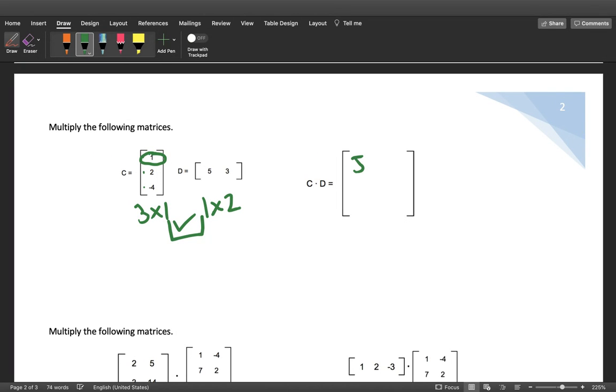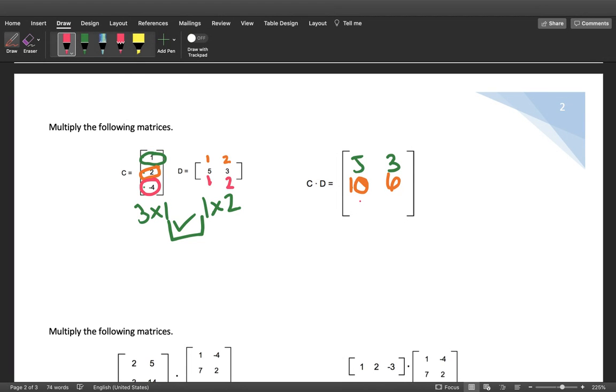Okay, now I'm going to take my 1 and multiply it by 3, which is 3. Then I'm going to do 2 and multiply it by each one. So 2 times 5 gives me 10. And 2 times 3 gives me 6. Okay, now I'm going to do the last one, negative 4, and I'm going to do row 1 and 2.